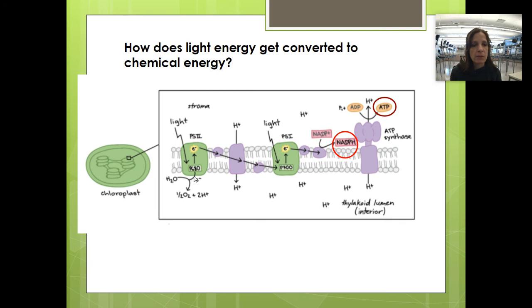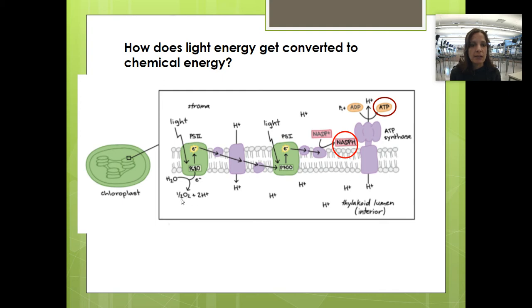Okay, so the other thing that's happening is once this electron gets boosted to this other energy level, water donates an electron so that the bucket brigade, like we talked about in respiration, can keep going. So water donates its electron, and when it does, it splits into oxygen and hydrogen ions. Those hydrogen ions, remember, are really important when we're making ATP.